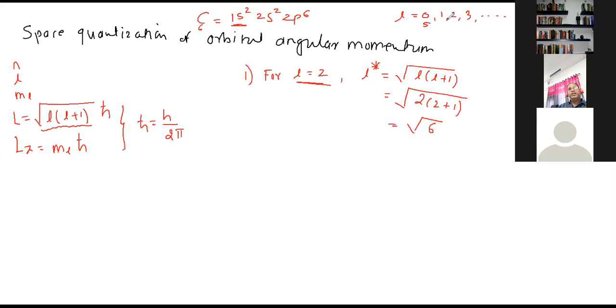When I take l is equal to 1, then your orbit is p. If I take l is equal to 2, your orbit is d. Then for l is equal to 3, which orbit will come? f.